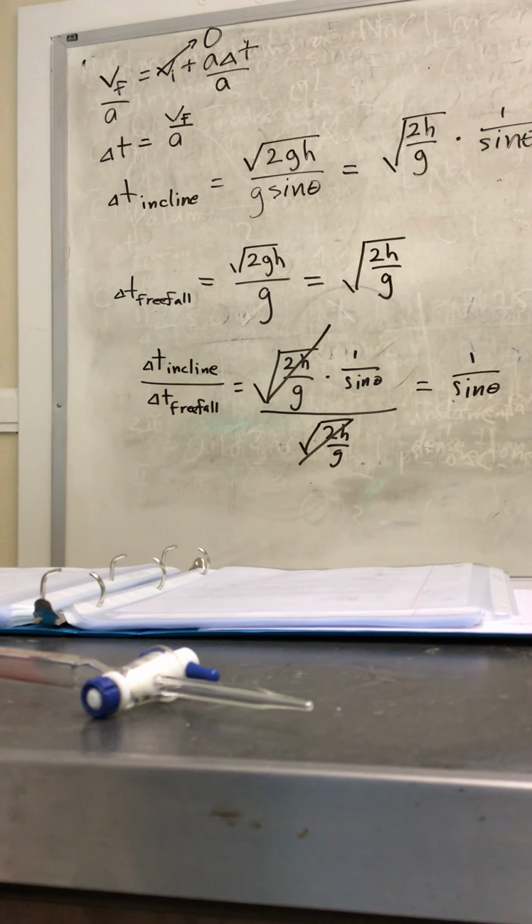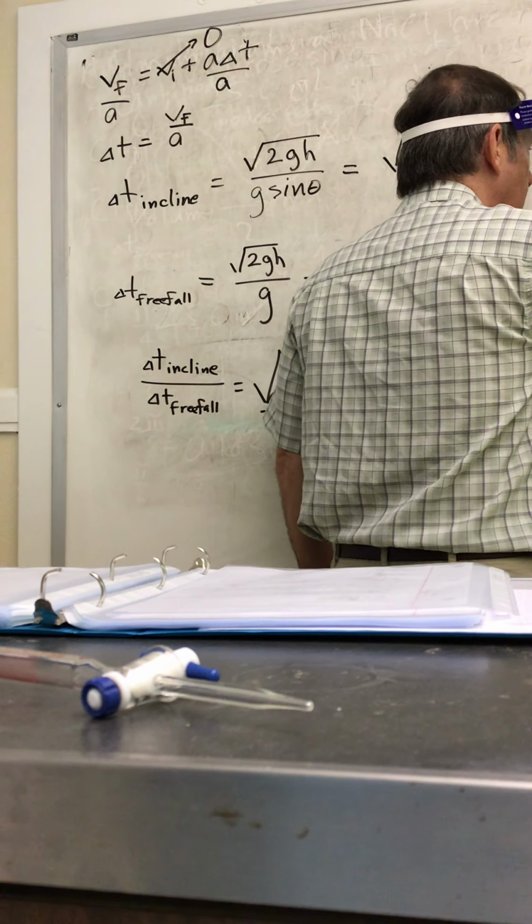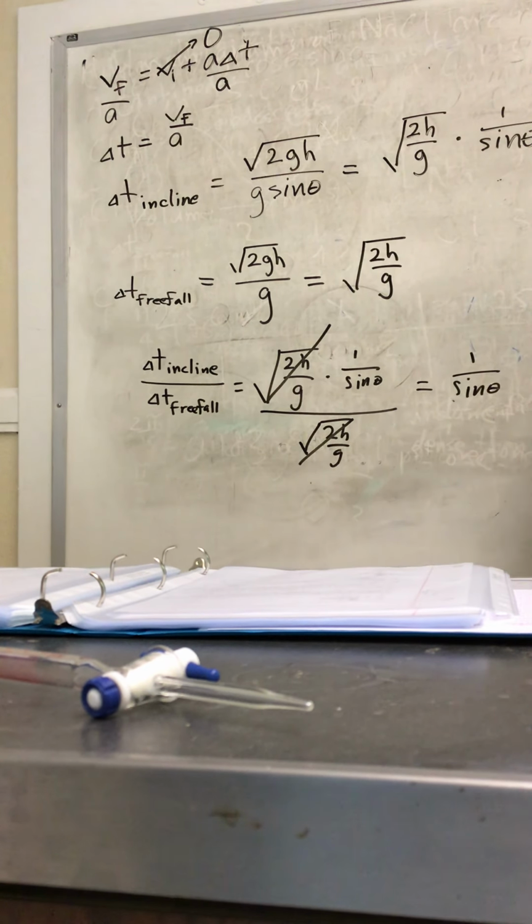Now, to get some idea of what we're looking at, let's take a typical value of theta. Let's say we have an incline of 20 degrees. Seems like a reasonable incline, not very steep, a little more shallow. Work through this.